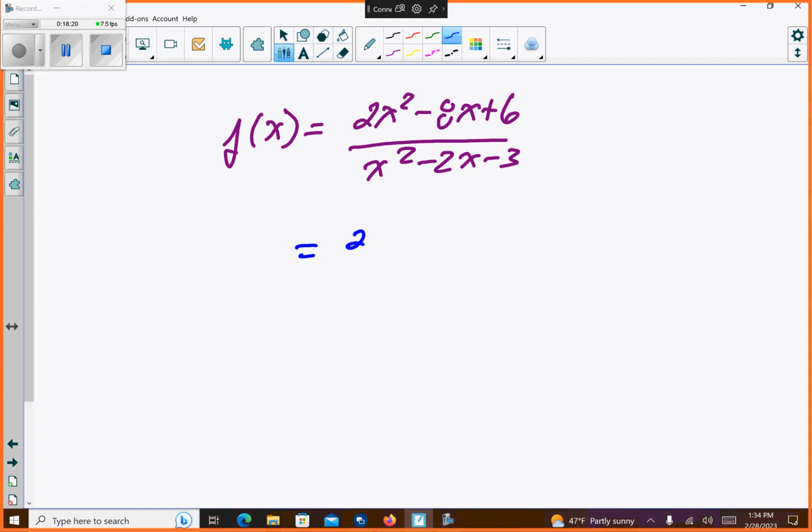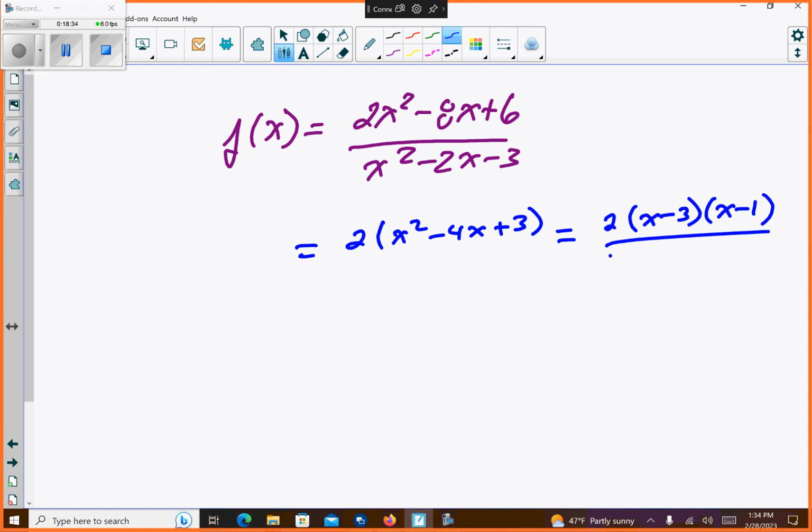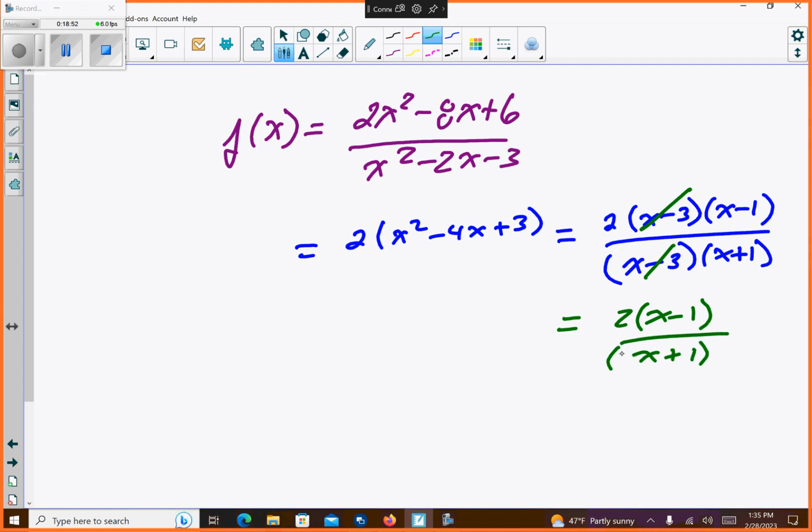So if I factor at the top, it's going to break down to this, which then breaks down to this, and then the bottom is going to break down to x minus 3 and x plus 1. What you should do is realize these cancel each other out. That should allow you to start doing the limits a little bit easier, because a lot of times you can directly plug in.